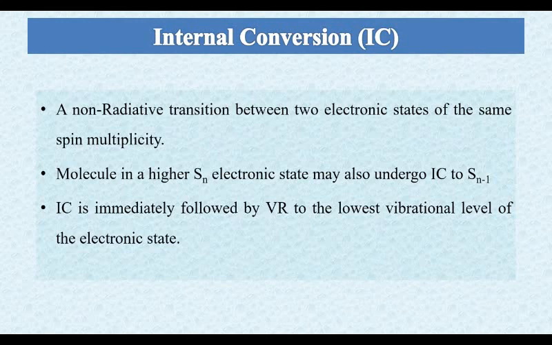The process is called internal conversion, from Sn to Sn minus 1. It is again followed by vibrational relaxation so that the molecule is in its lowest vibrational energy level, that is, it is more stable.